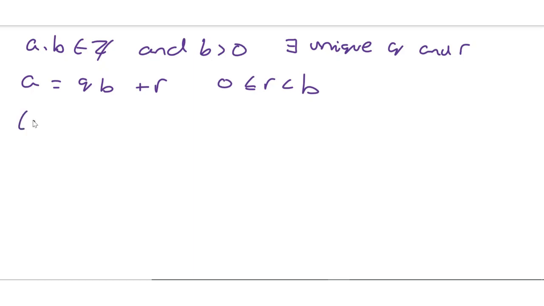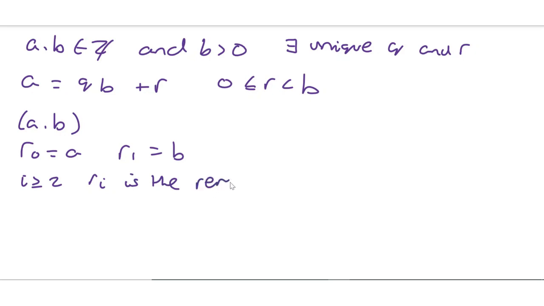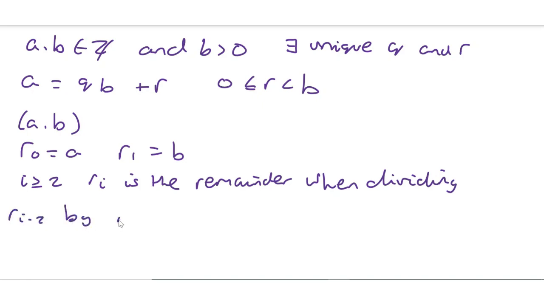So to find gcd(a, b), we set r0 equal to a and r1 equal to b, and then for i greater than or equal to 2, ri is the remainder when dividing r(i-2) by r(i-1).